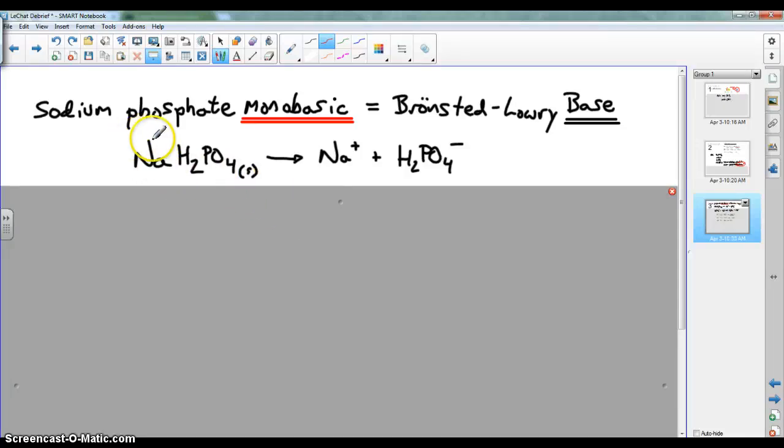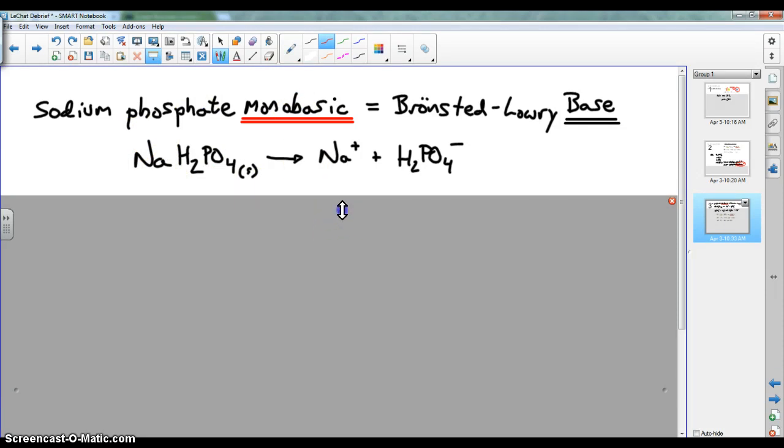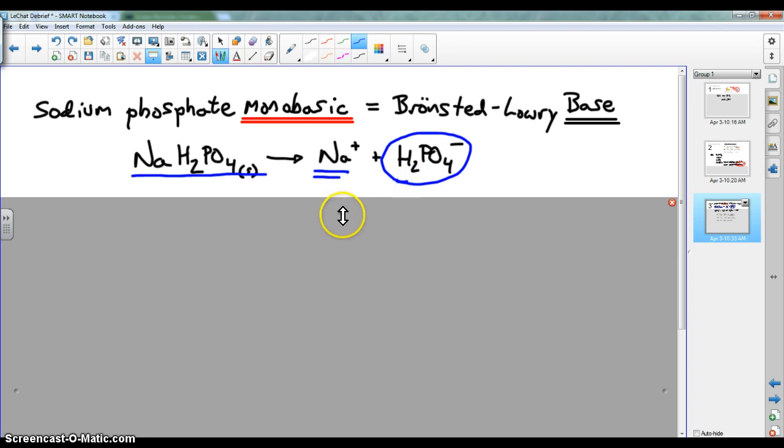So let's take this substance, the sodium phosphate monobasic, and let's dissolve it in water. If you take the sodium phosphate monobasic and dissolve it in water, you get sodium ion. That's always soluble. Remember SNAP. And you get this ion in solution, which is the dihydrogen phosphate ion.